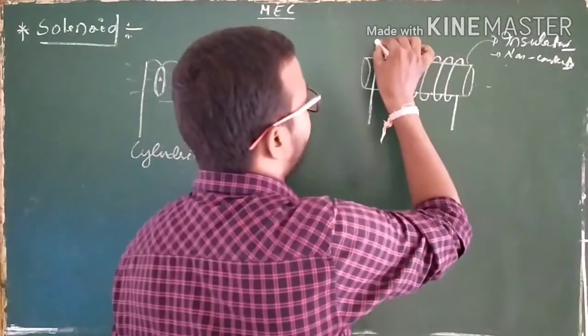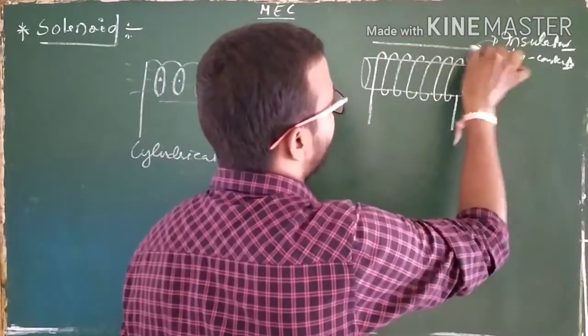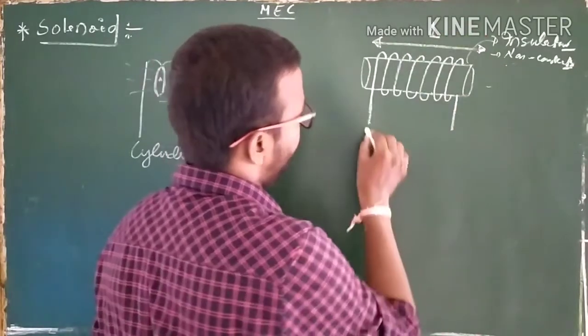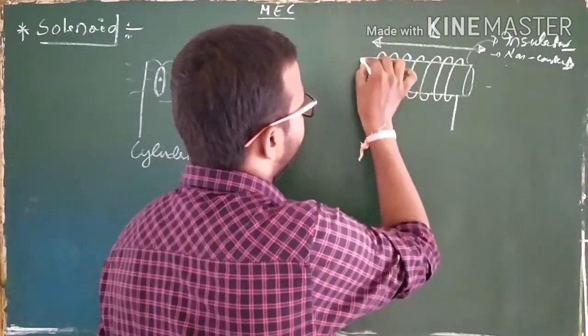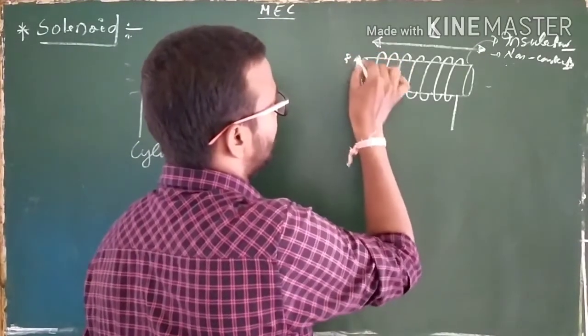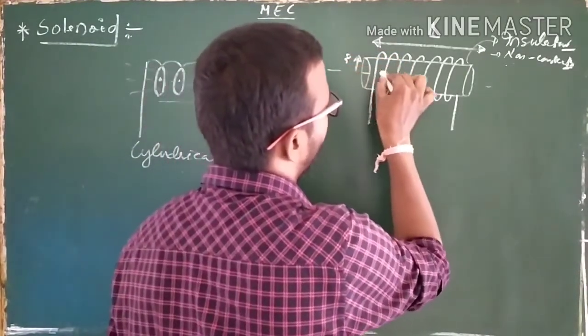Here you can take this as the length of the solenoid, L, and this is the radius of the solenoid. Clear? And this is the axis of the solenoid.